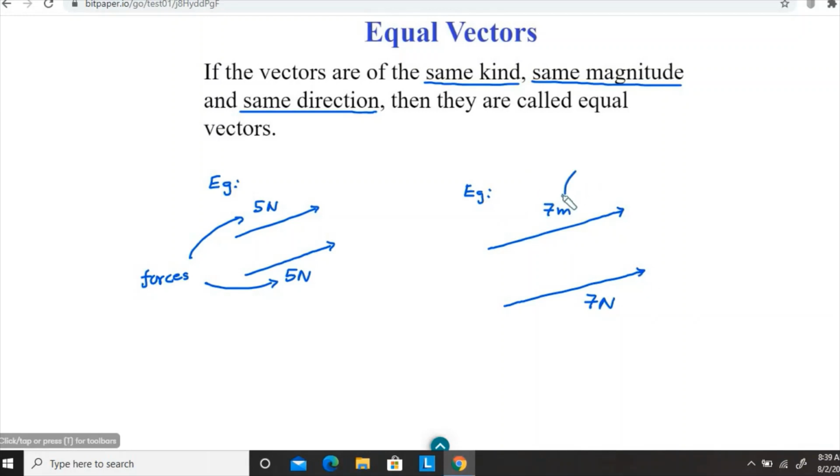However, the first vector is a displacement vector. The second vector is a force. So they are not of the same kind. Even though the magnitudes of the vectors are the same, the directions of the vectors are the same, since they are not of the same kind, these are not equal vectors.